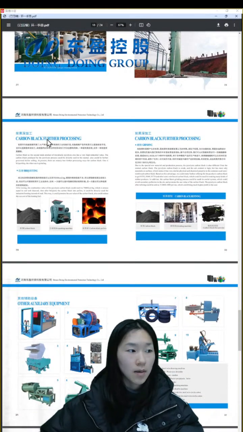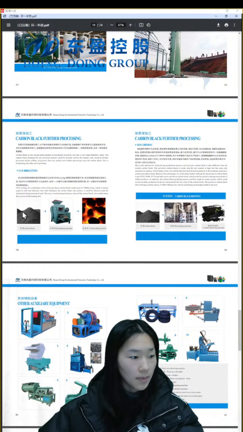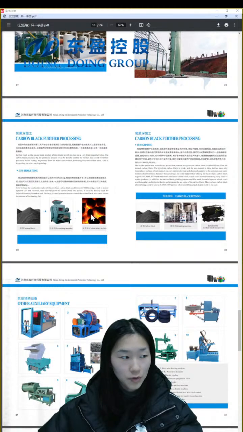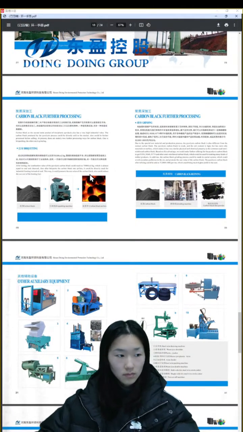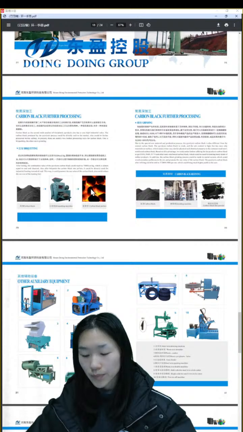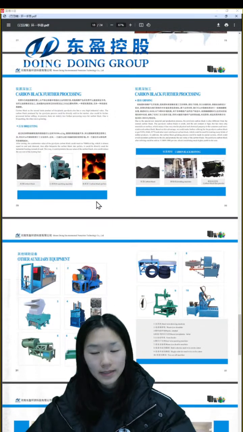Okay, this is our carbon black further processing devices. For carbon black, we can use the pelleting machine to press the carbon black into balls and burn the pellets as fuel. You can use these burning balls for barbecue and to heat your boiler. It is the same as coal.